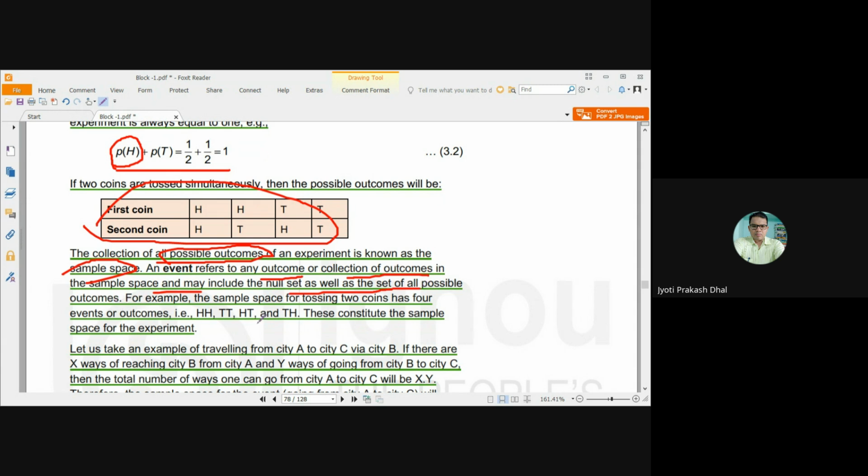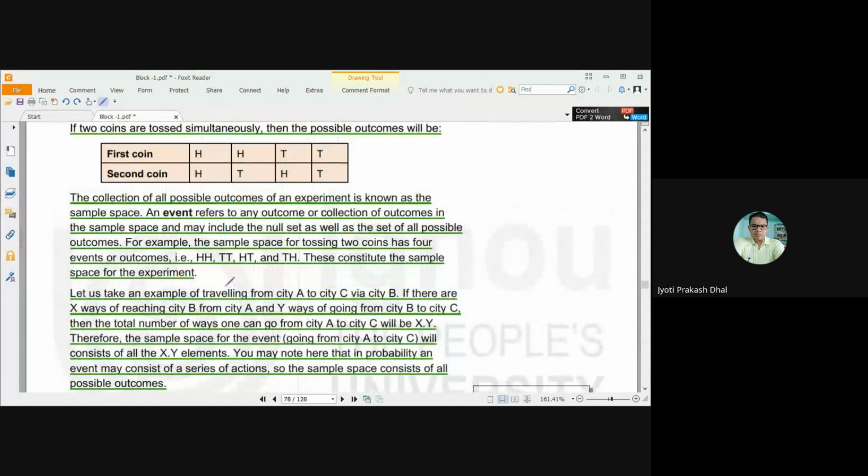For example, the sample space for tossing two coins has 4 outcomes or 4 events. The 4 results are HH, TT, HT or TH.